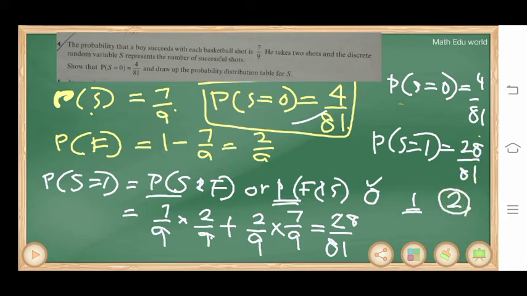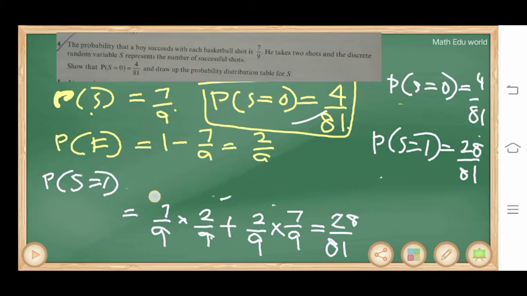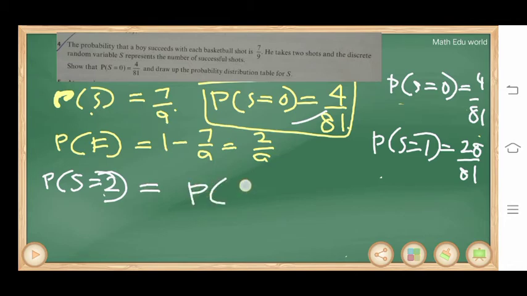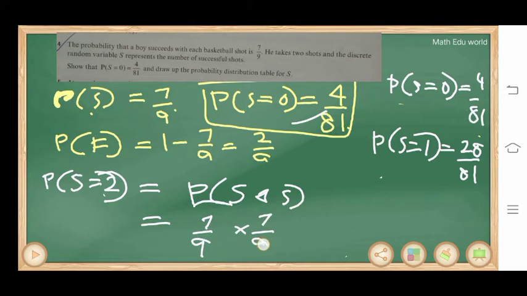Now let's find probability of S equal to 2. This can be found easily, because probability of S equal to 2 means both the shots are successful. That means probability of success and success, which is 7 by 9 times 7 by 9.